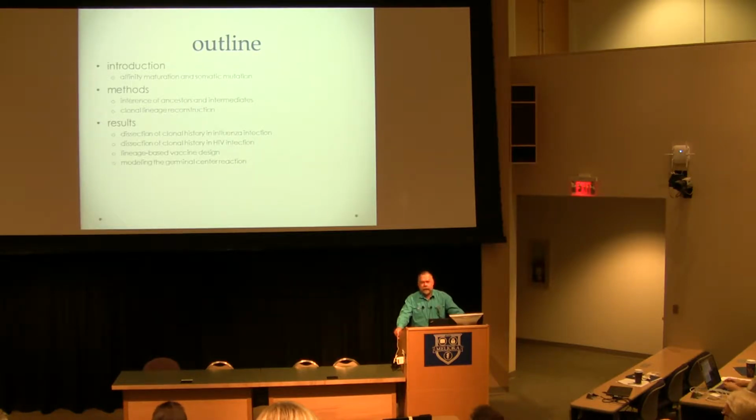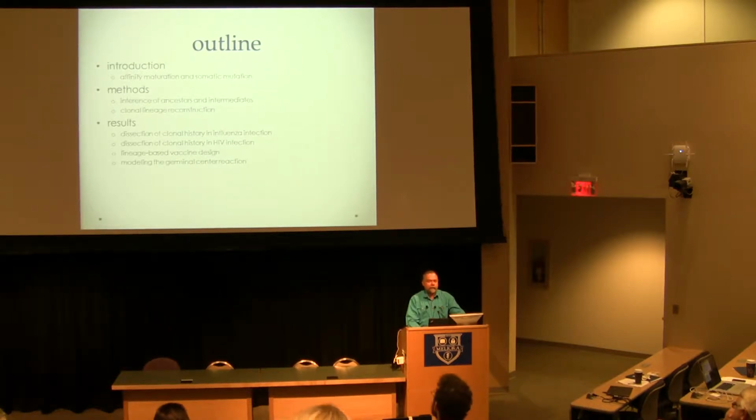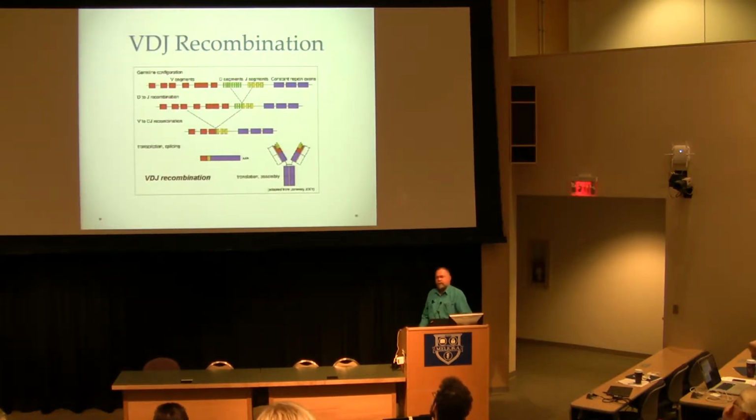And then if there's any time, and you haven't all abandoned me for coffee and donuts, I'll switch gears and talk about the modeling of the germinal center reaction that is largely the province of the other group.